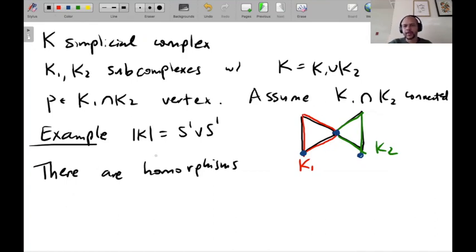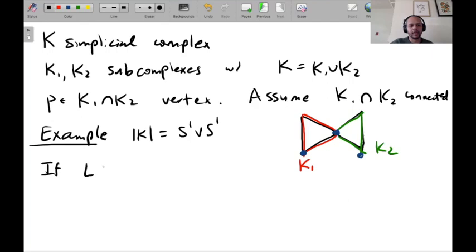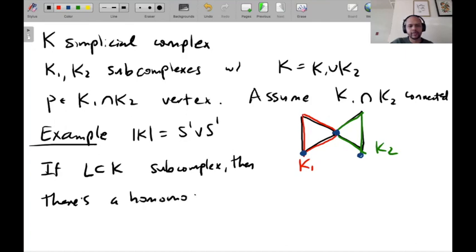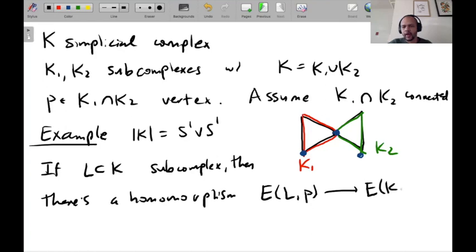When you have a subcomplex, let me say it this way: if L in K is a subcomplex, then there's a homomorphism from E(L, P) to E(K, P).